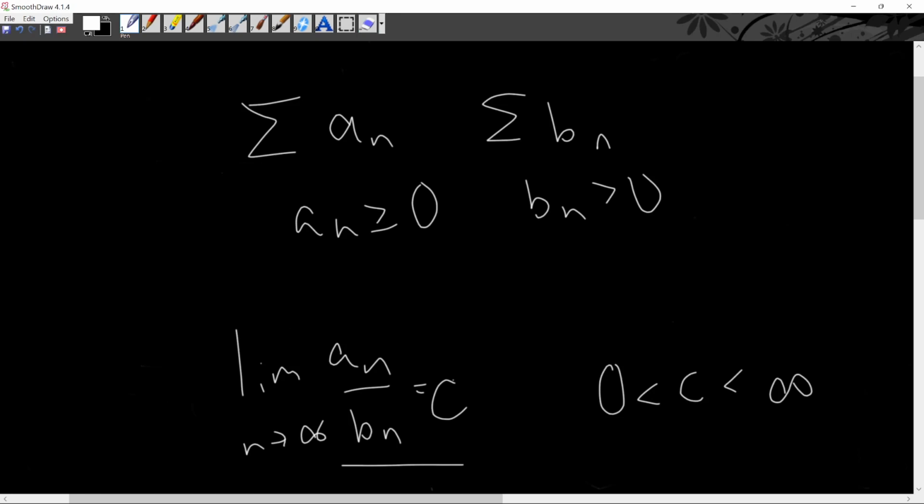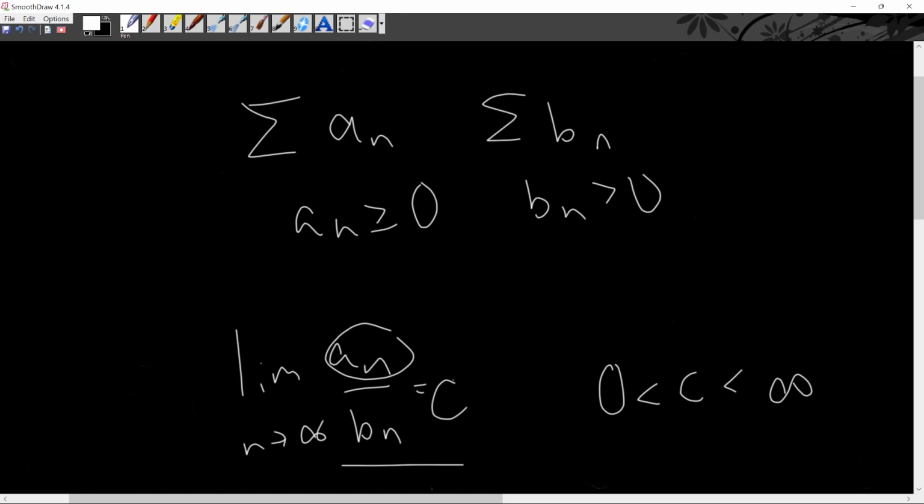But the point of this limit comparison test is that you are given an a sub n, and b sub n is something that you pick yourself. If a sub n over b sub n converges to a single finite value, and b sub n converges, then a sub n has to converge.